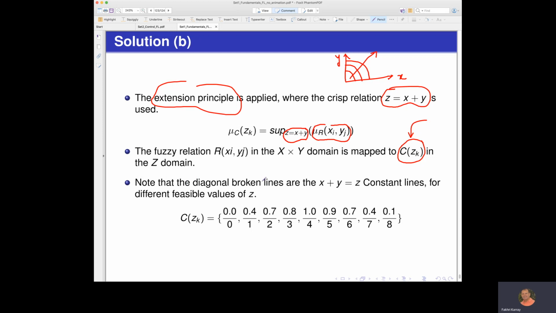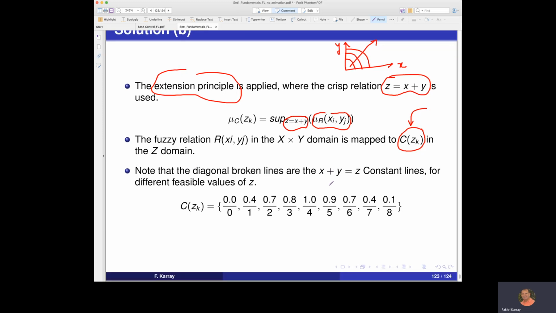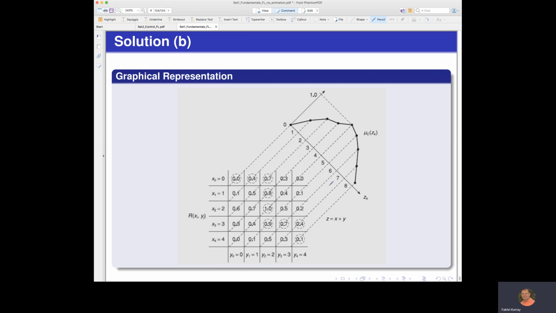So note that the diagonal broken lines are the x plus y equal to z. So let's look at the graphical representation here. Remember, this is the representation of y, and this is the representation of x. Okay, so when we are going to speak about all the x's and y, of course, we are not going to do the summation of x and y.